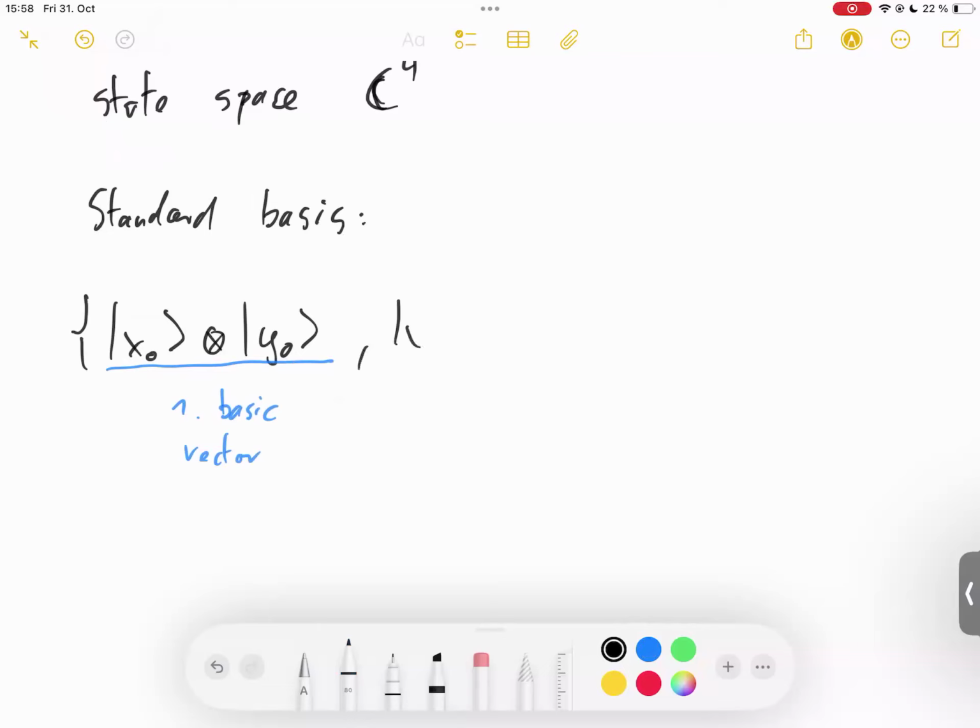Then x0 and the tensor product with y1. This is the next entry. Then x1 ket and y0 ket. And the third entry would be x1 ket and the tensor product with, and I've just noticed the screen share stopped for some reason.